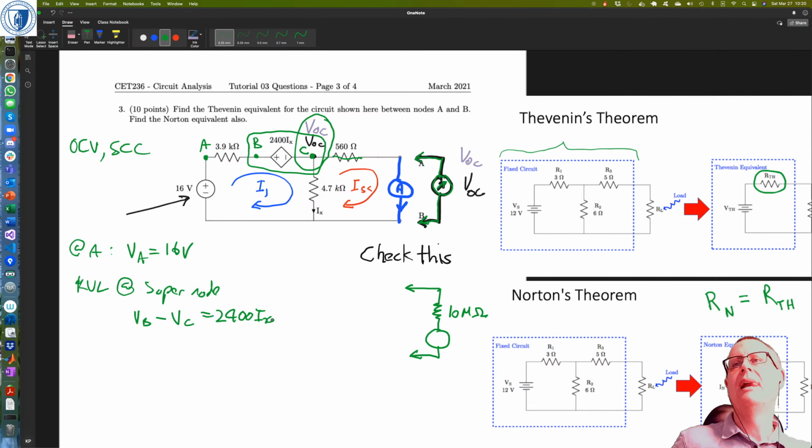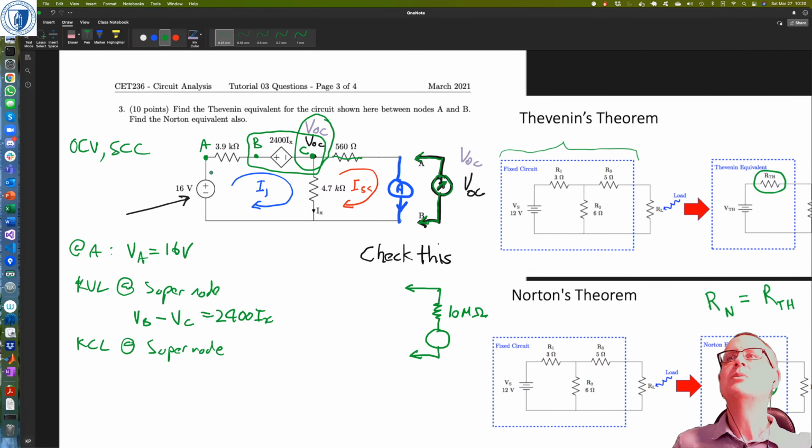Okay, I think that works. And then the KCL at the supernode, right, we've got that current and we've got that current, and that's pretty much it, because there's no current flowing in our open circuit voltage analysis through the 560 ohm.